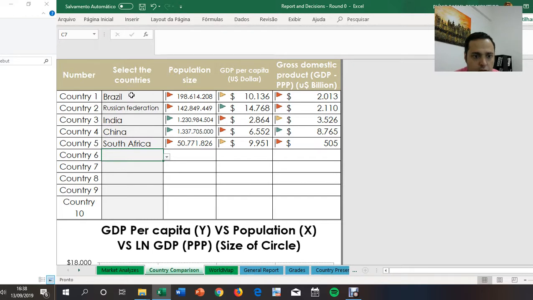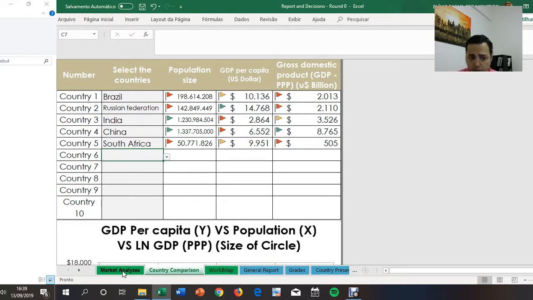And also we have Brazil and Russia with huge populations. By that time, we can see that Brazil and Russia have a greater GDP per capita than the other BRICS countries. And thinking about it, let me have a deeper look into Brazil.